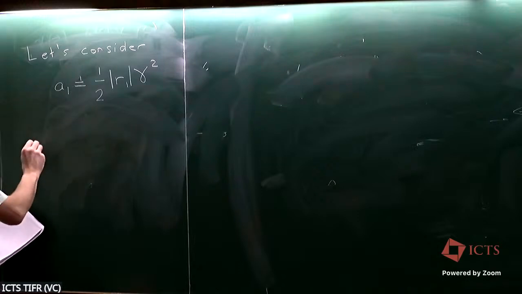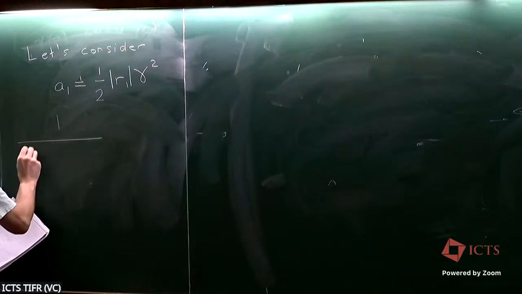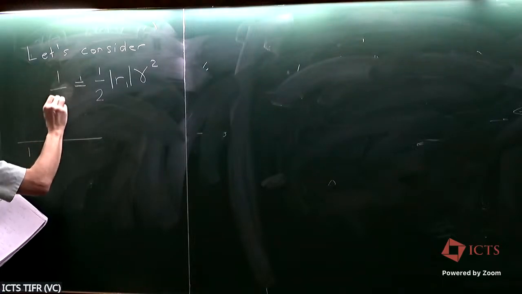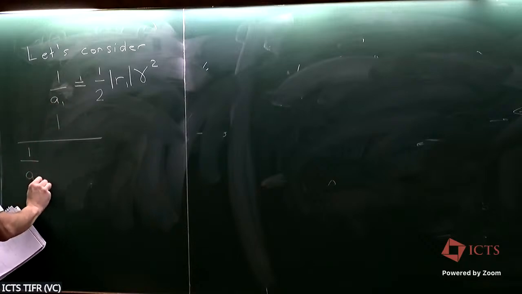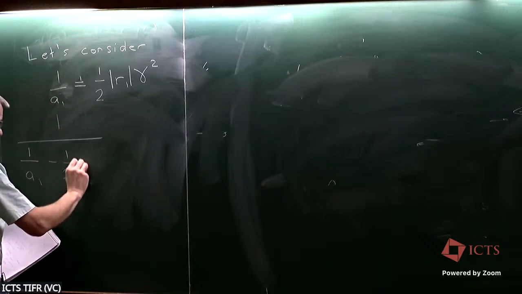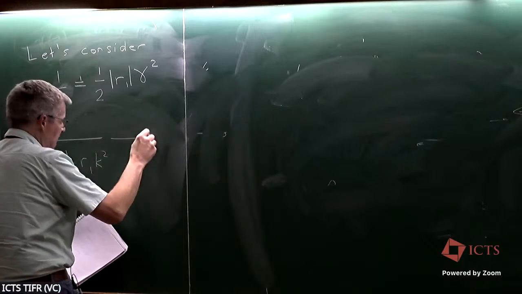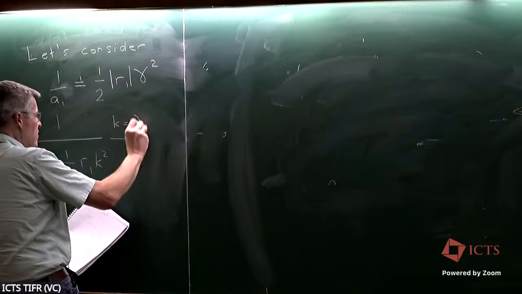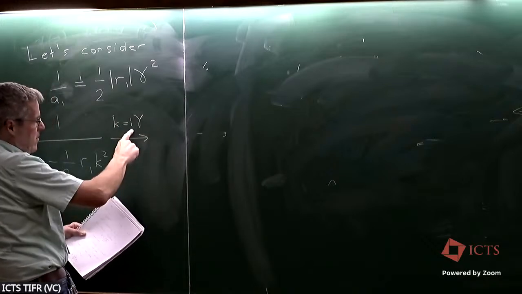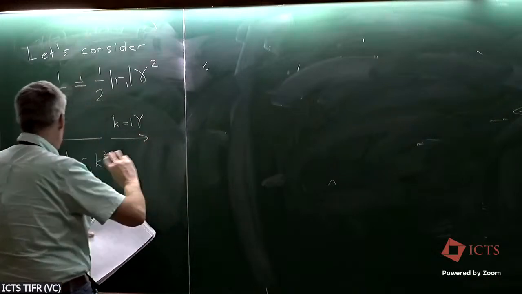And then if I think about 1 over A1, and this combination, remembering that R1 is negative, I analytically continue to where I expect to find a pole.